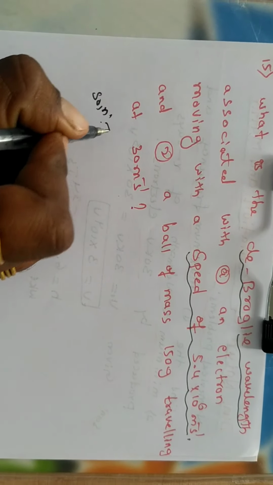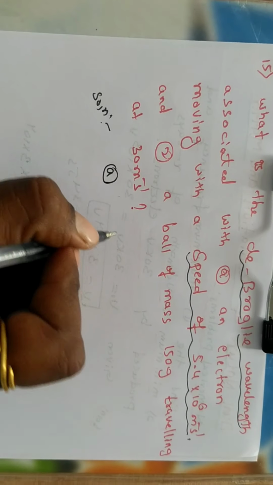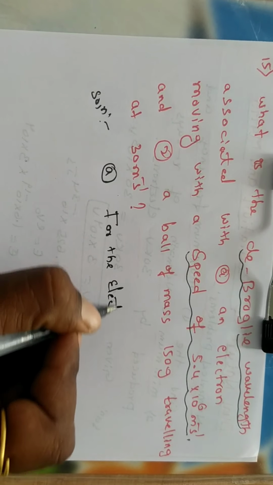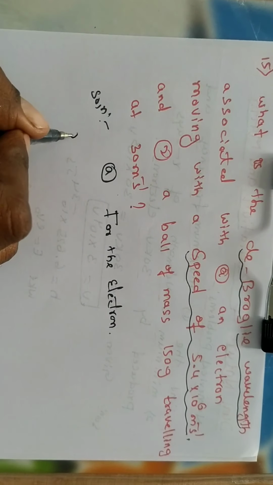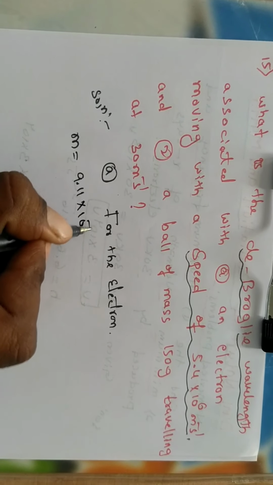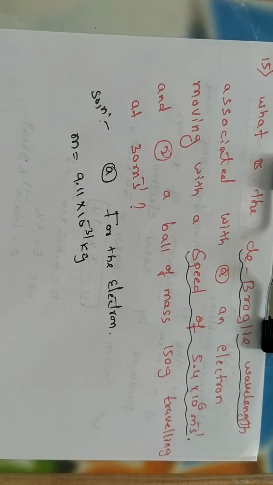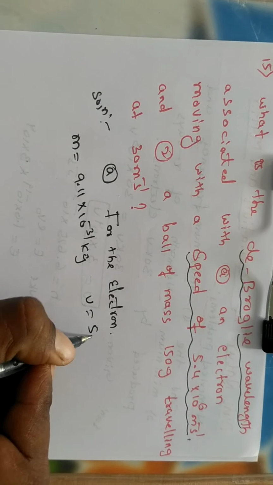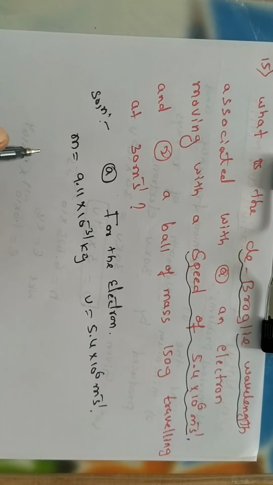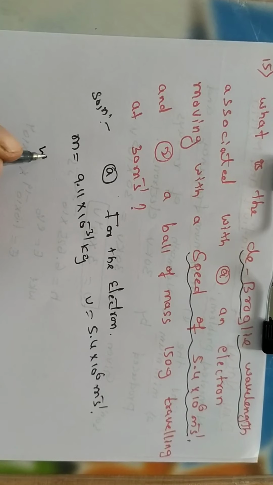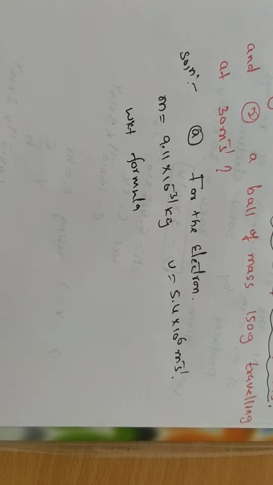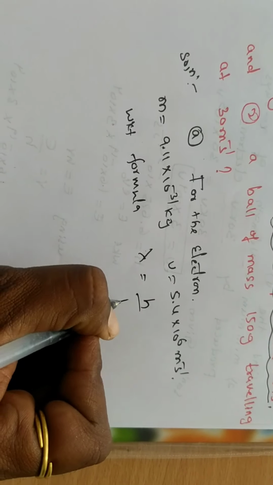Solution: A, for the electron, m is equal to 9.11 into 10 to the power of minus 31 kg, mass of electron, and velocity 5.4 into 10 to the power of 6 meter per second. De Broglie wavelength formula, we know that formula, lambda is equal to h divided by p.